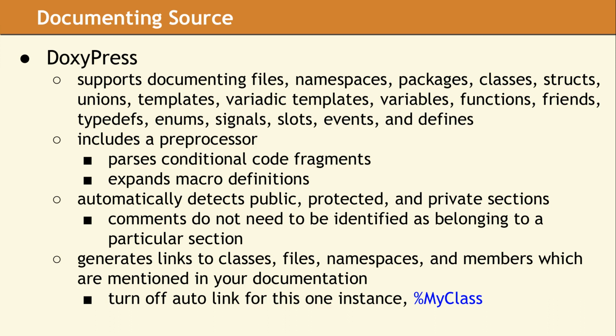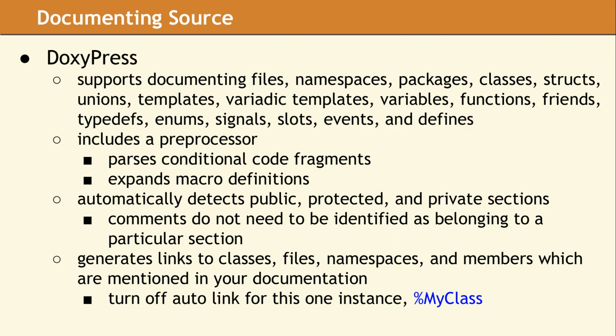In terms of C++ source code, any construct used in modern C++ design can be parsed and documented. Source code, which is located in a particular visibility section, like protected, will be appropriately documented as such.